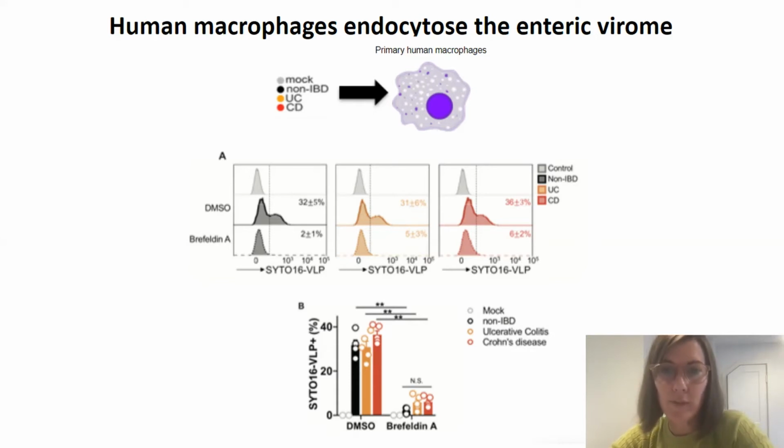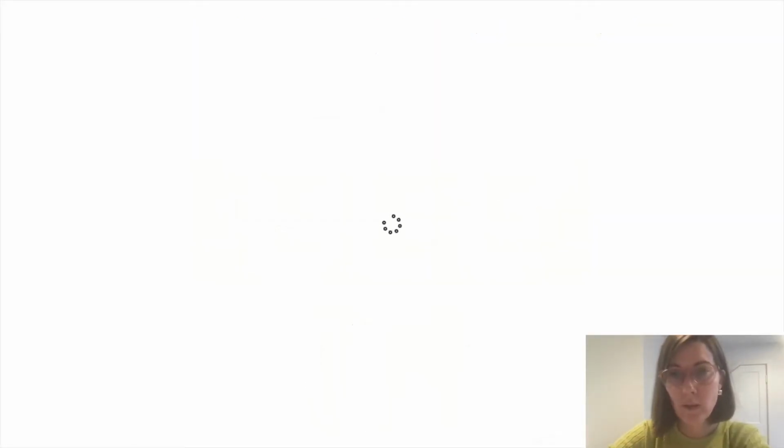If we labeled these viruses with Cyto16, we could clearly see that they were taken up. This was dependent on phagocytosis, because if we used a Golgi block such as Brefeldin A, we didn't see this uptake. The first thing to note is that the uptake between the non-IBD, UC, and CD viruses was equal. So anything I'm about to show you was not because one had more uptake than the other.